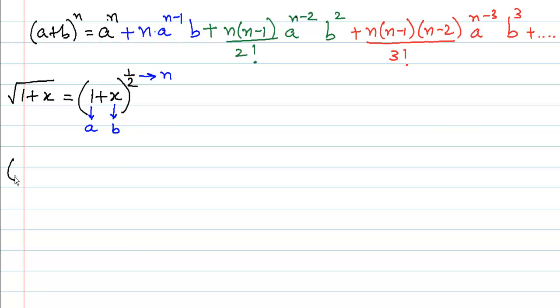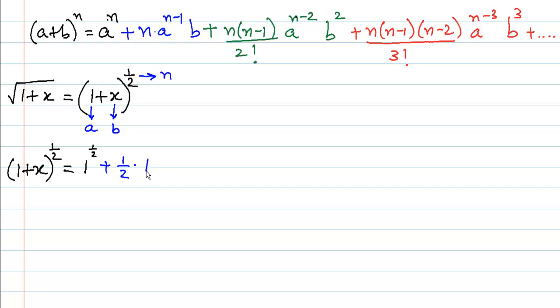So we can write (1 plus x) the whole raised to 1 upon 2 is equal to a raised to n. So we have 1 raised to 1 upon 2, plus n into a raised to n minus 1 b. n is 1 upon 2 into a raised to n minus 1.